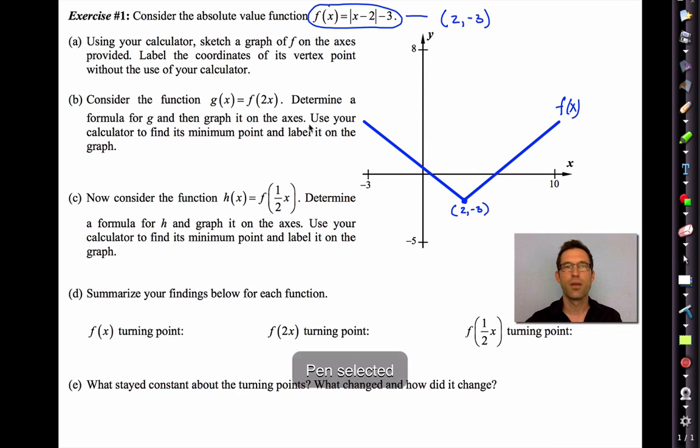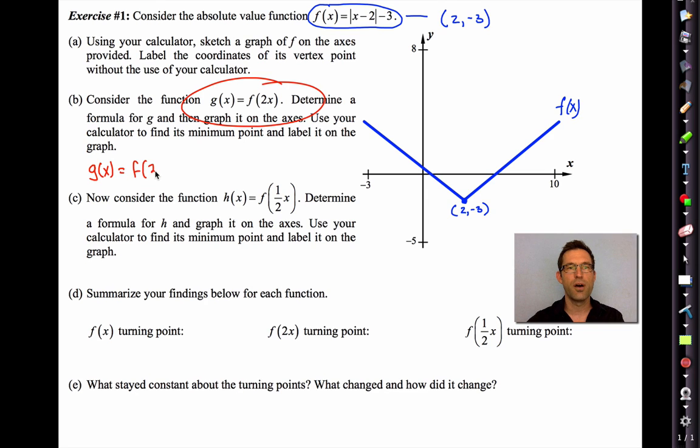G of x is going to be f of 2x, and that's going to be the absolute value of 2x minus 2, minus 3. Remember, all it means is that wherever there was an x, I'm going to now put in a 2x.